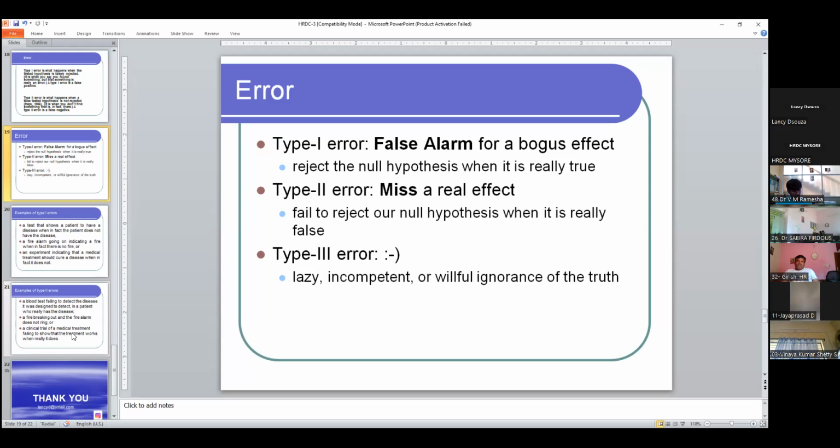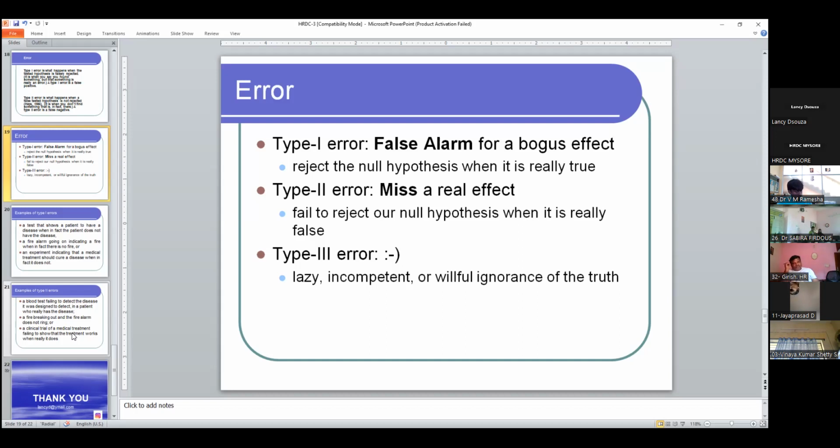They remove that data completely. Sometimes they manipulate the data. All this amounts to willful ignorance of the truth, and that amounts to a type 3 error. So we have type 1, type 2 and type 3 errors. Type 1 and type 2 errors are from the hypothesis side, whereas type 3 error is from the researcher side. Please try to avoid all of them for very good research.